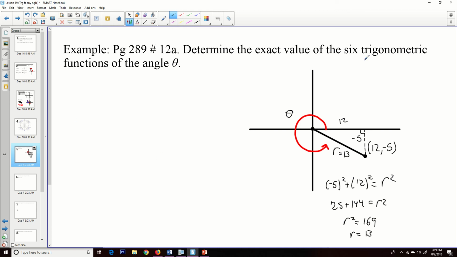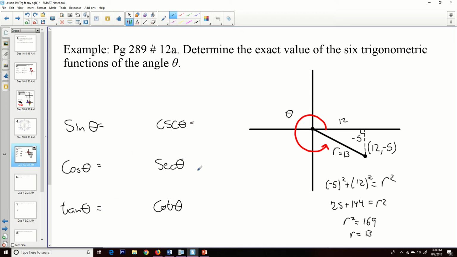So if I've got to find the exact value of the 6 trig functions, I'm going to set it up just like we've been setting up the last couple. Let's say sine theta, cosine theta, tangent theta. I'm going to say cosecant theta, secant theta, and cotangent theta. I'll put my equals right here. And so sine, opposite over hypotenuse.